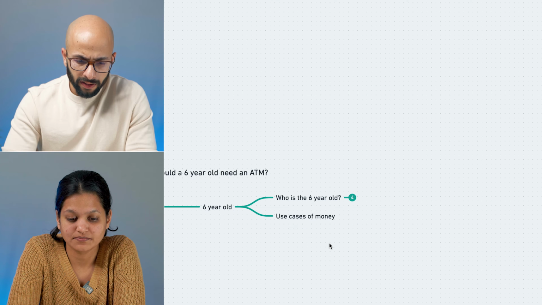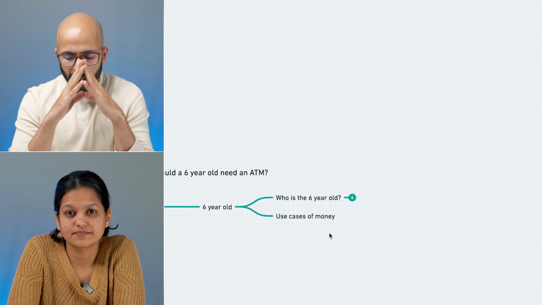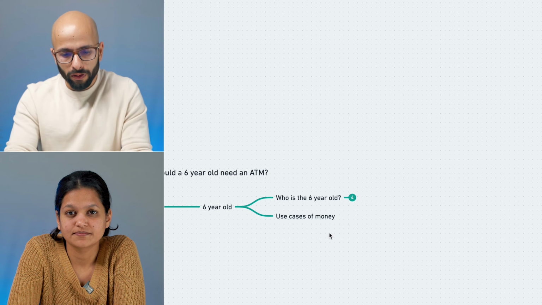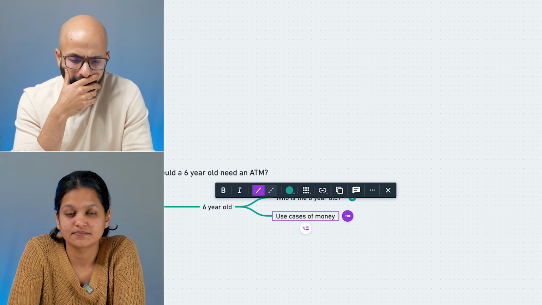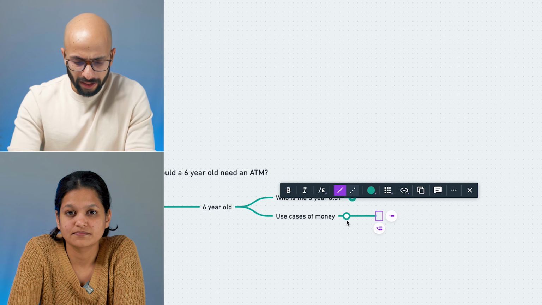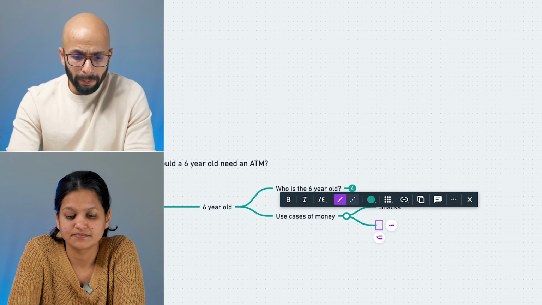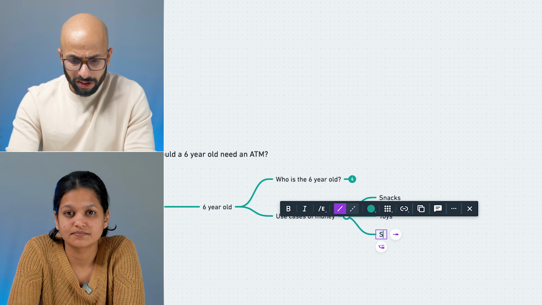I'm thinking, why do I need money? I can probably buy a laptop, a phone, clothes, food. But for a 6-year-old, they would typically either need to buy snacks, maybe some kind of toys or stationery.